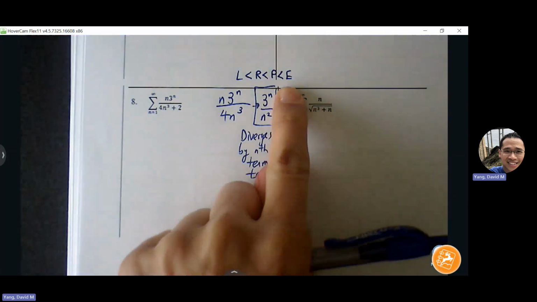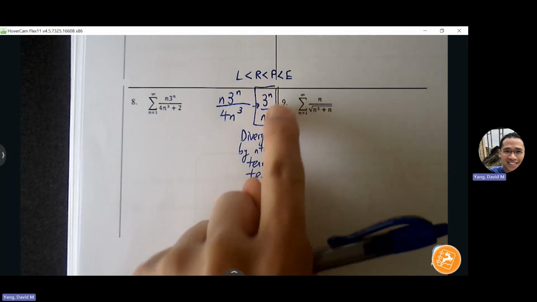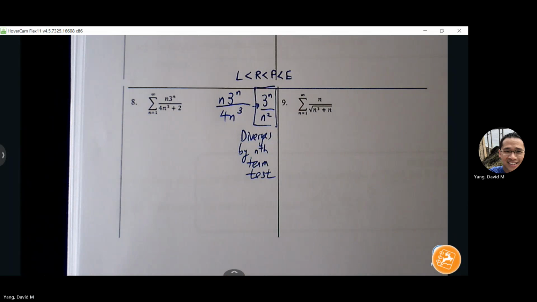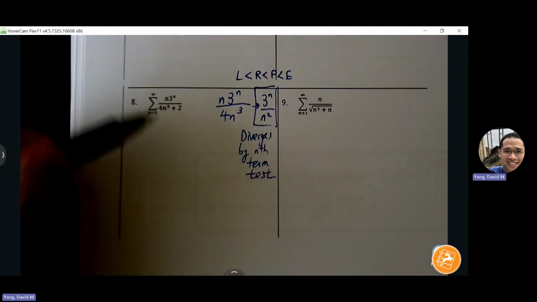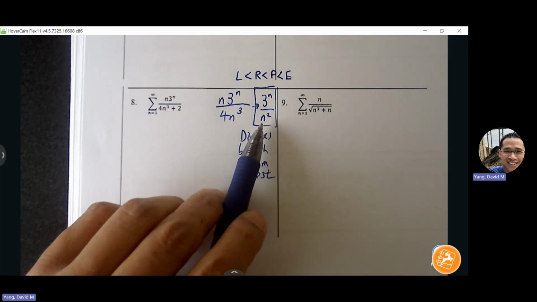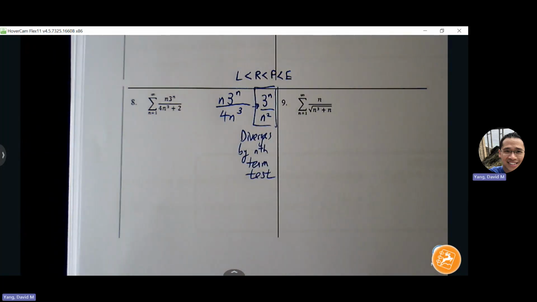In this case, exponential is over my polynomial, so the numerator is growing at a faster rate. This is going to infinity. But if we take this and divide it by our comparison partner, then we can get a real number, and that real number will also tell us the series diverges.